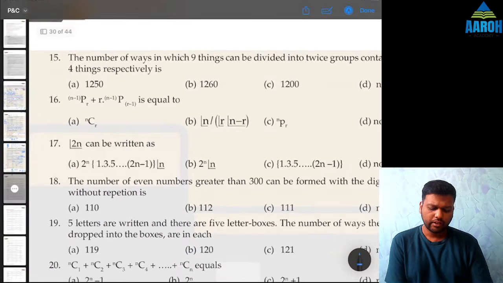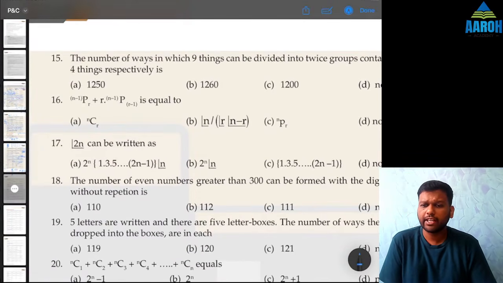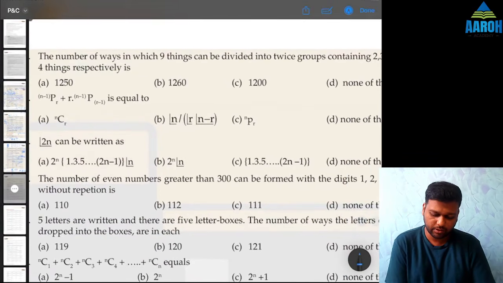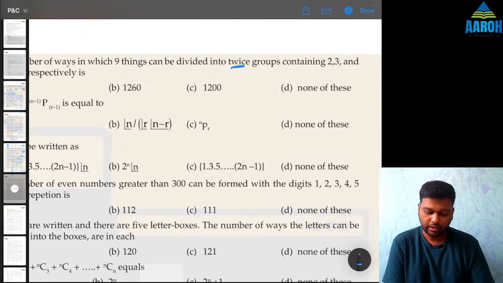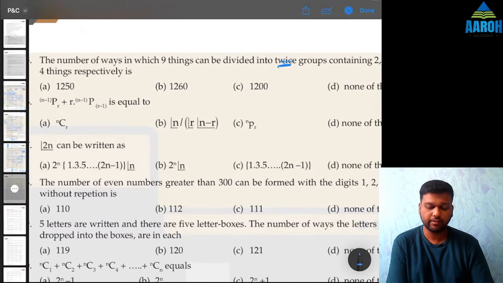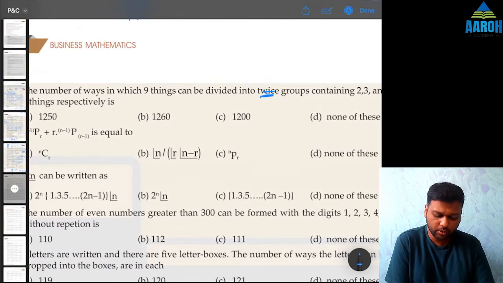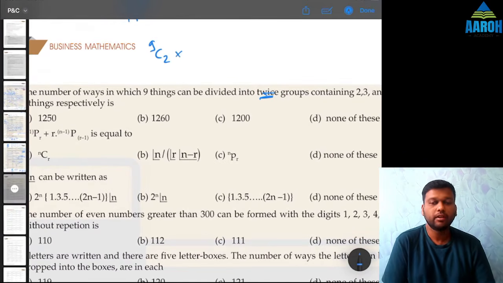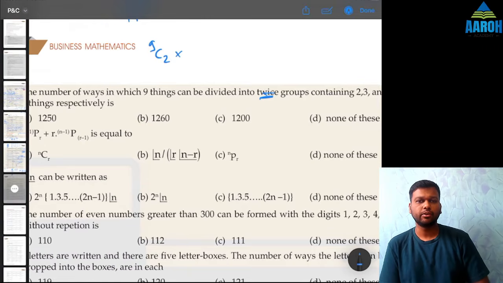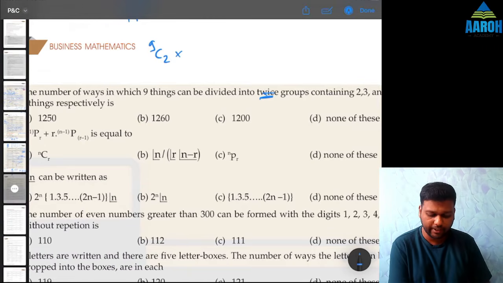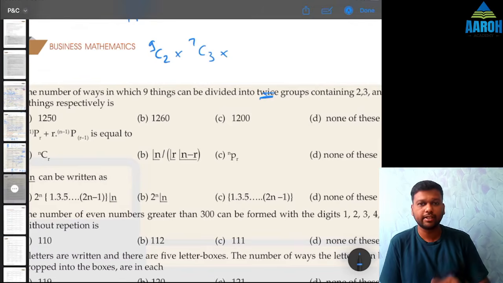Next, the number of ways in which 9 things can be divided into three groups containing 2, 3 and 4 things respectively is. Okay. So we have to select 2 things in one group, so 9C2, and 3 things in the second group. Now 2 are already selected, so 7 things are left, out of which we have to select 3.